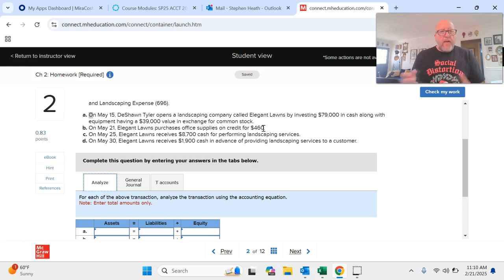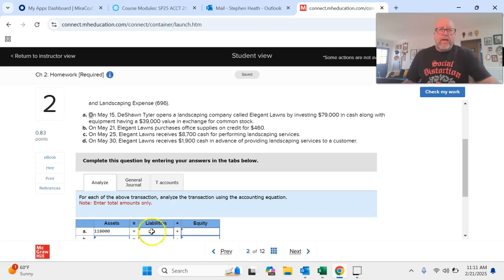And in exchange, we're going to get stock. So the question is, what's the sum of 79,000 and 39,000? And I promise you, if I couldn't add up 350 plus 260 in my head, I can't do this one in my head either. So I get 118,000.